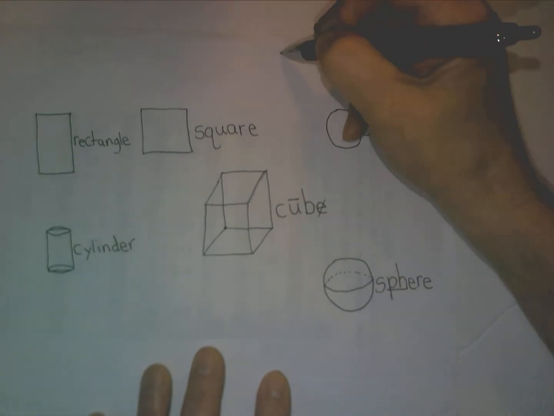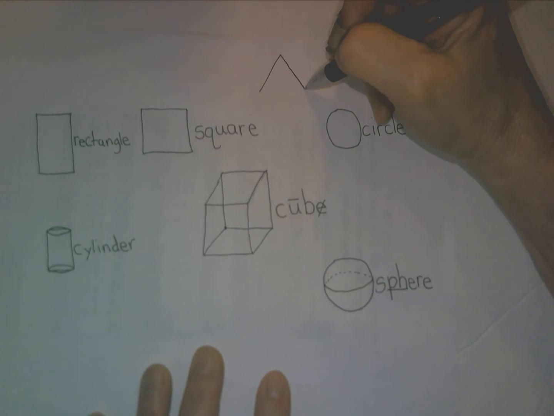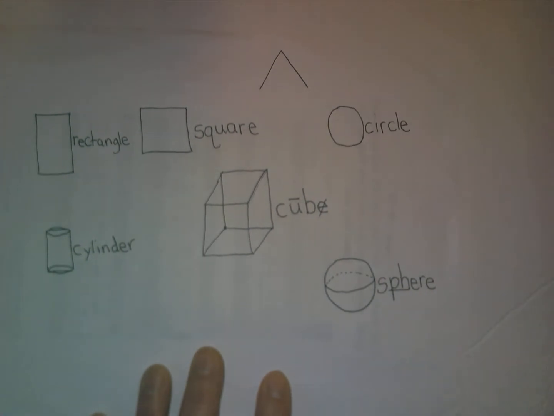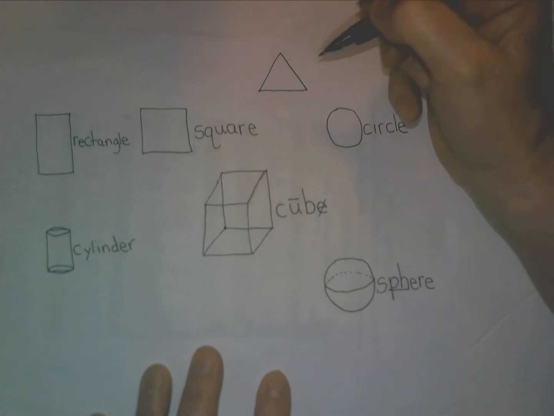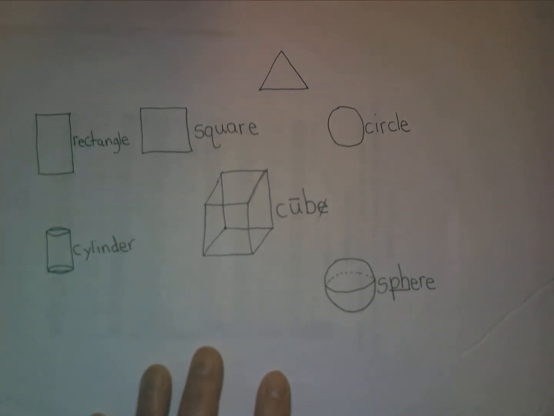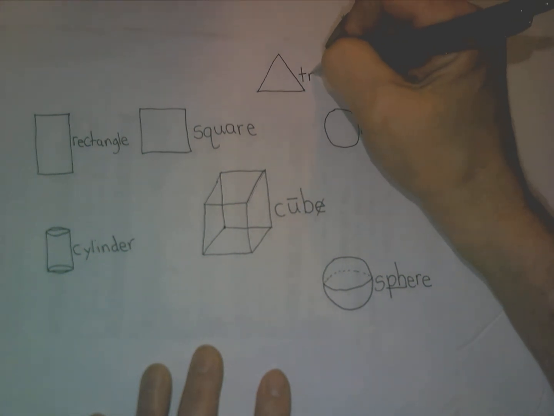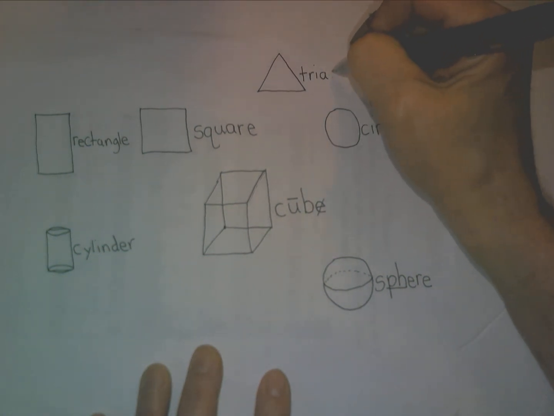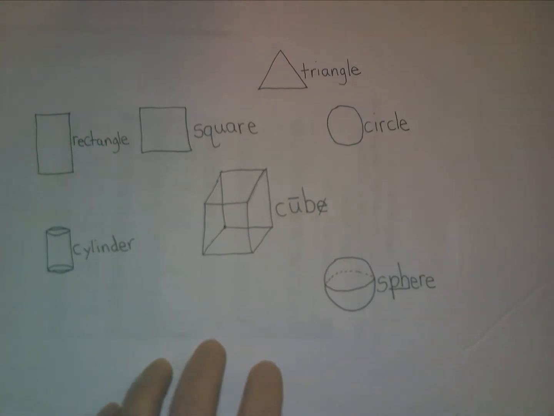A triangle is kind of like you're making the letter A, a big fat A, and then you put a line on the bottom, right? It's flat, it's two-dimensional. It's called a triangle. Did you draw one? Excellent.